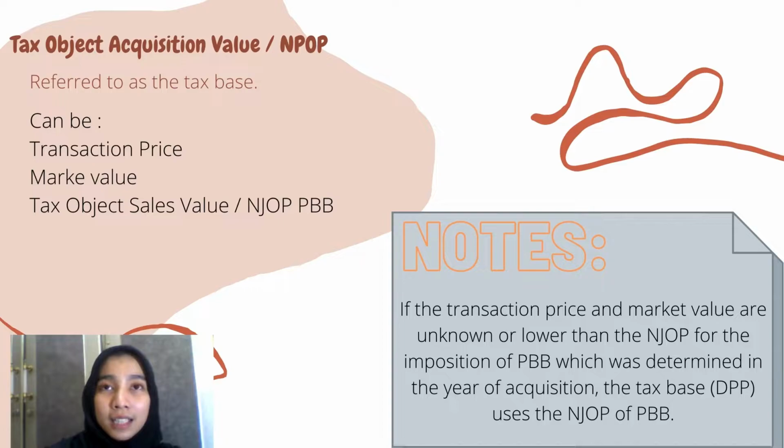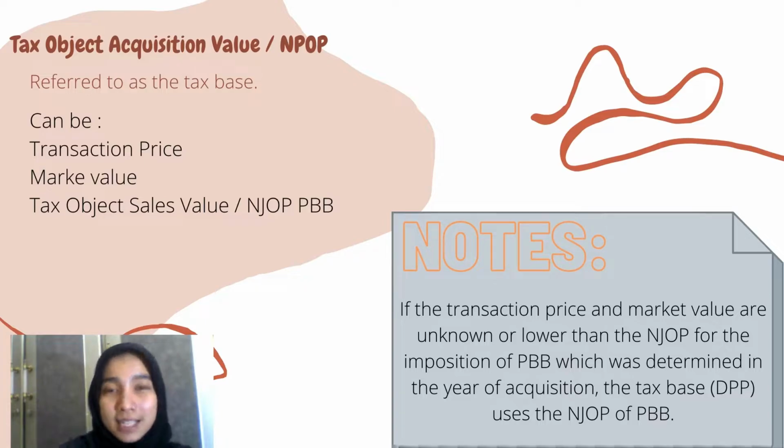It can be the transaction value, transaction price, market value, or the tax object sales value, or NJOP PBB.